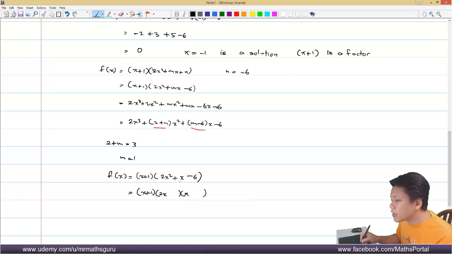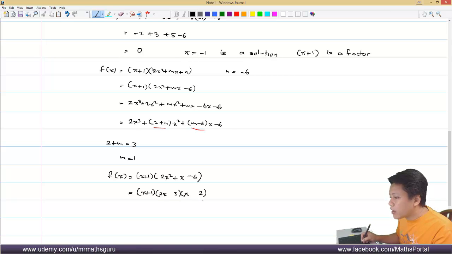Be careful that we have a term here, 1x, so that could possibly be 3 here and 1 here, 2 here. No, 2 times 3 is 6. 6 and 2 cannot make 2, so I need to adjust this to 2 and 3.